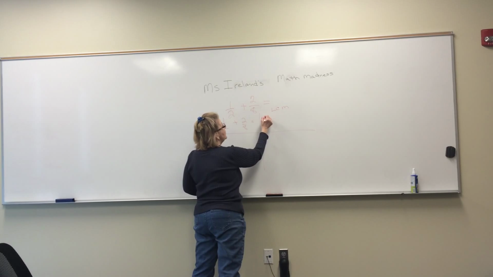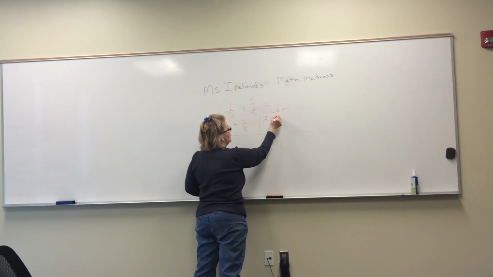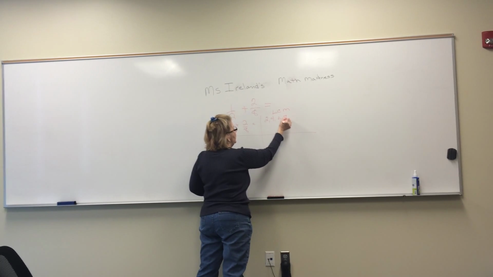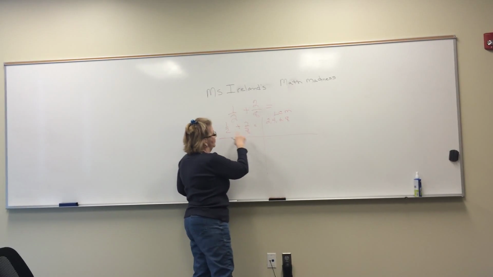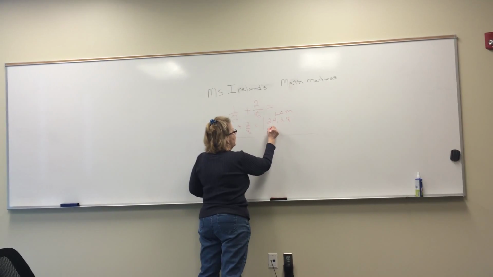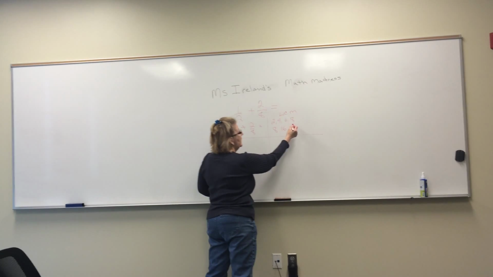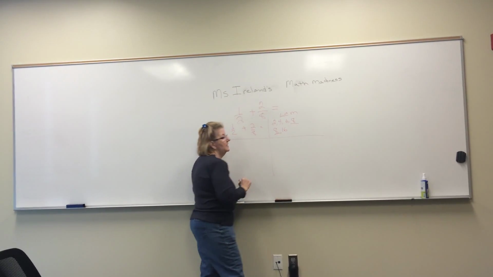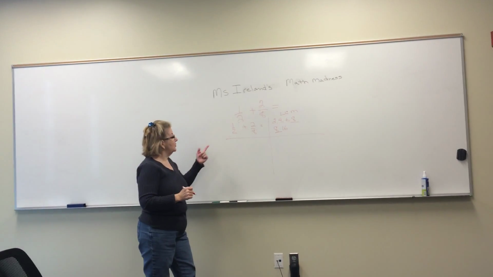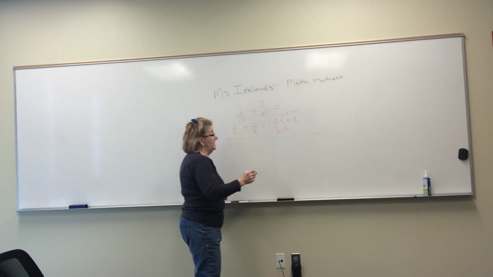So we're going to put down what are the multiples of 2? 2, 4, 6, 8. Nope. What are the common multiples of 8? We have 8, 16. Well, we really don't have to go any further because here we have 8 and 8. So we know that the least common multiple of 1/2 and 2/8 is 8.